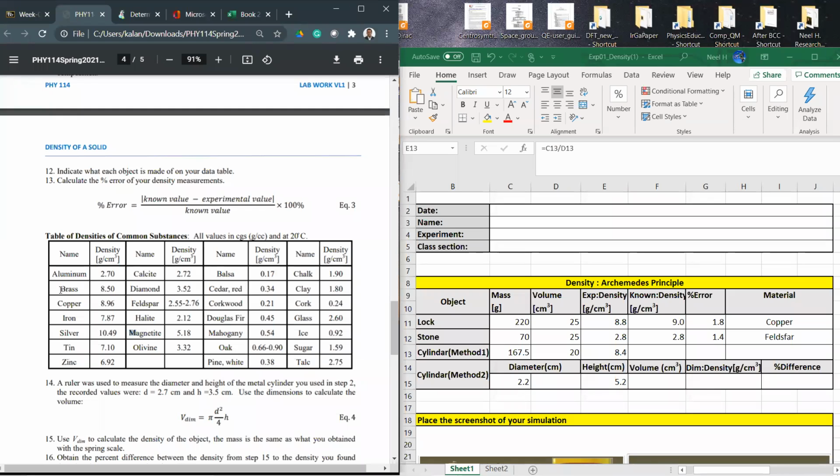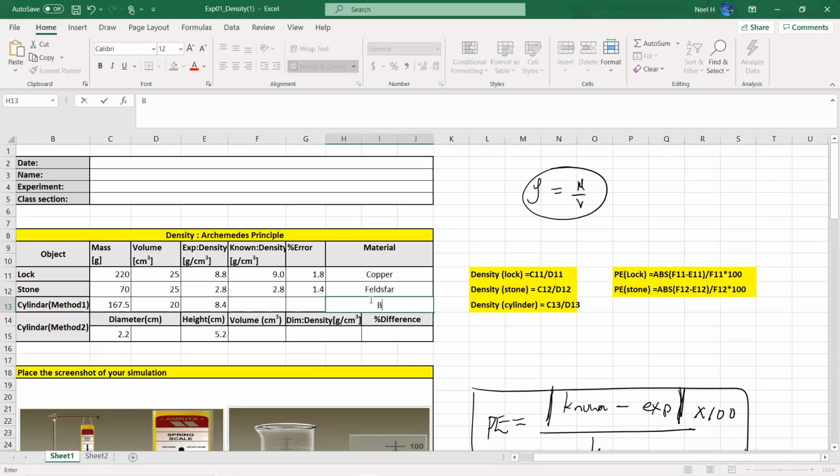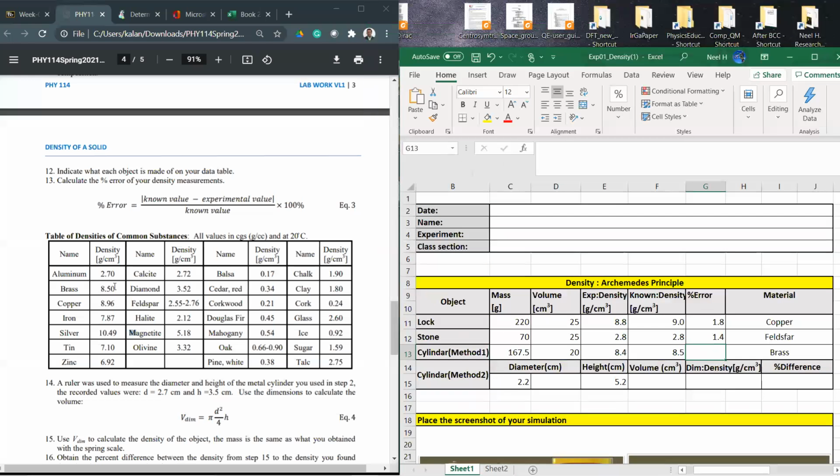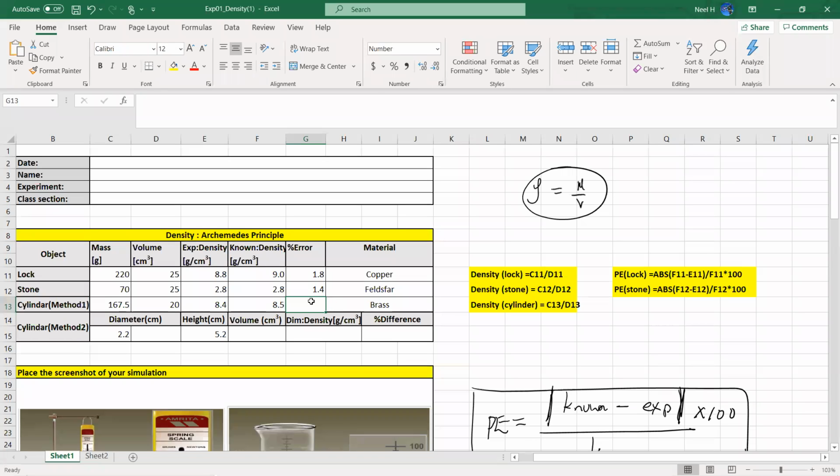Yeah, that should be brass right here. Okay, yeah. So then we can pick that, right? That should be the closest, and the number is not 8.4, but that's fine. 8.5, right? Oh, 8.5. Okay. That's all. Then you compare those two numbers.